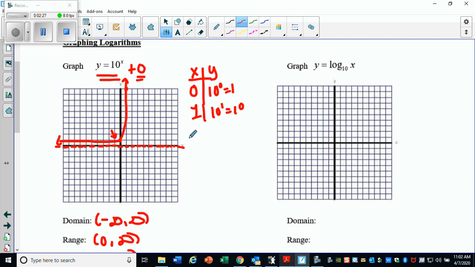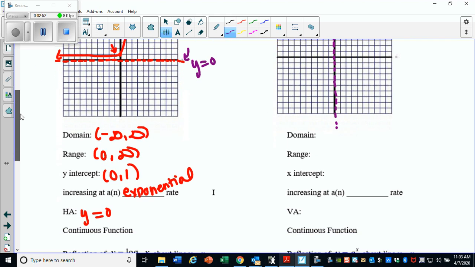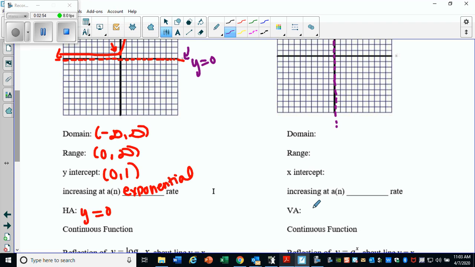So if you have an exponential function and it has a horizontal asymptote of y equals 0, that means my logarithmic function is going to switch your x and y, and is going to have a vertical asymptote at x equals 0. Okay, and we'll talk about what all this means in a minute, but that's going to tell us that I now have a vertical asymptote at x equals 0.